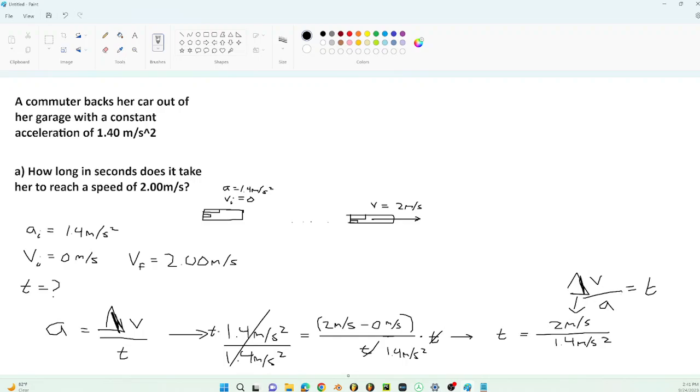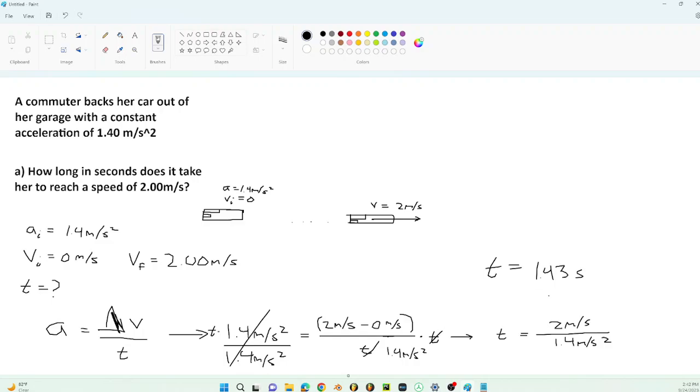In other words, this is the amount of time it took us to accelerate, and our difference in our initial velocity and our final velocity is this velocity. If that confuses you, just discard that. Don't worry. Okay, so t in this case is equal to 1.43 seconds.